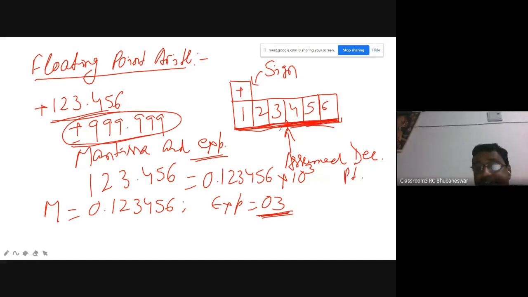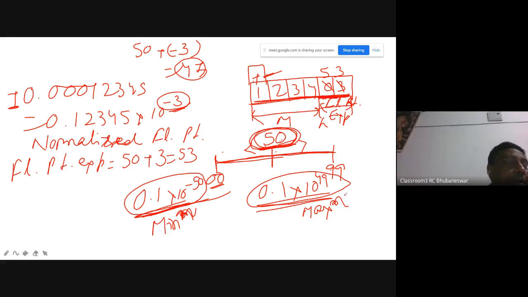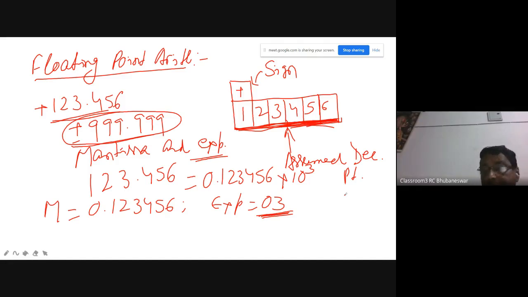Now, with this 6-digit format using floating point arithmetic, 0.1 into 10 to the minus 50 is the minimum value, and maximum is 0.1 into 10 to the power 49. So this 0.1 into 10 to the 49 is a very much bigger value than plus 999.999.